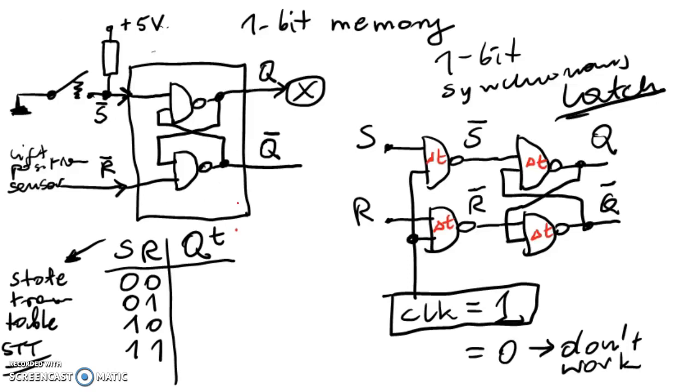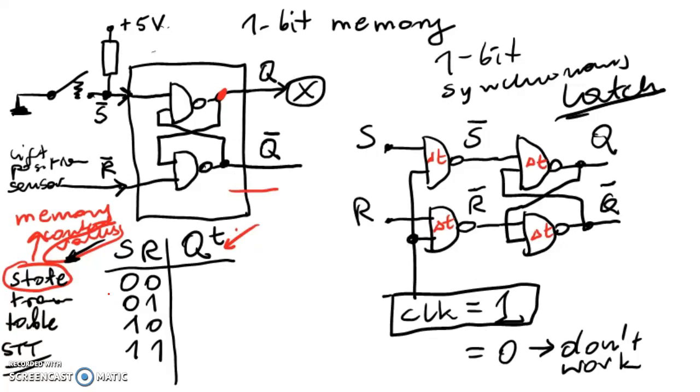The state is the value of the memory. State is a synonym for memory. The memory content or value is the given state. So a 1-bit memory can be in state 0 and in state 1. So this is the state signal, and this is the state transition table.